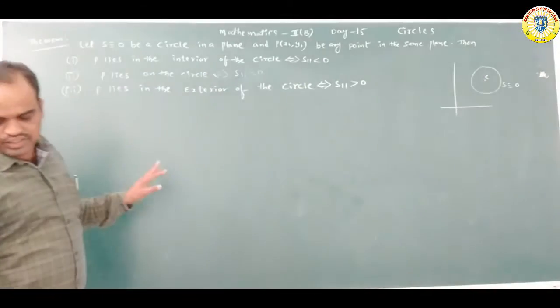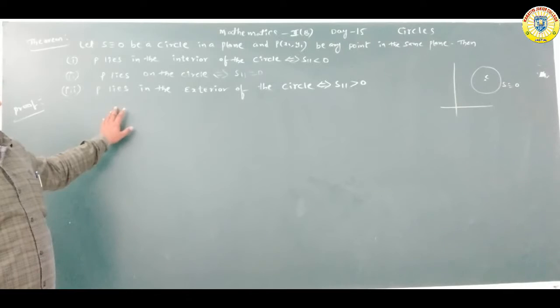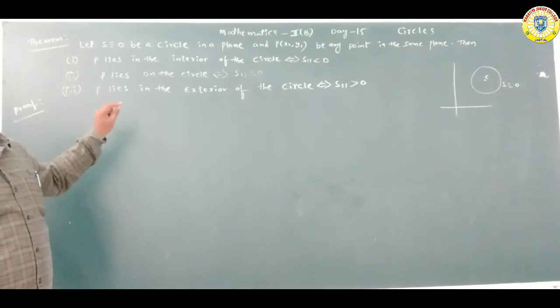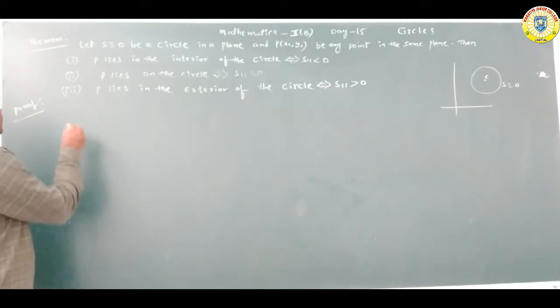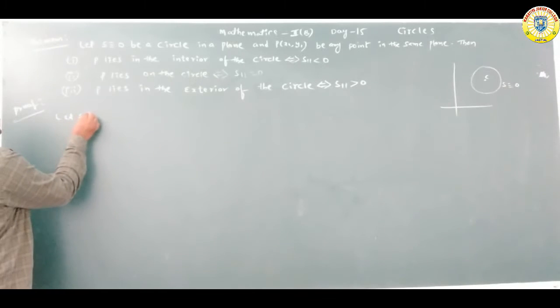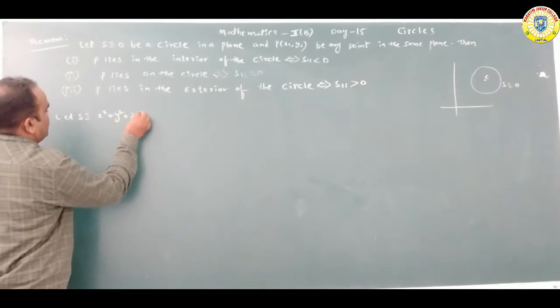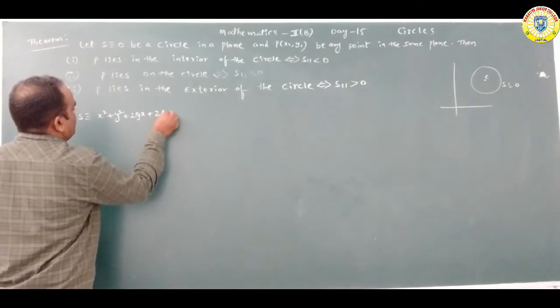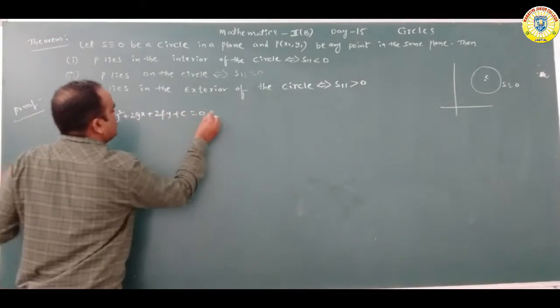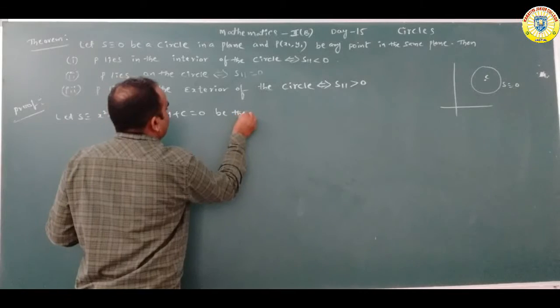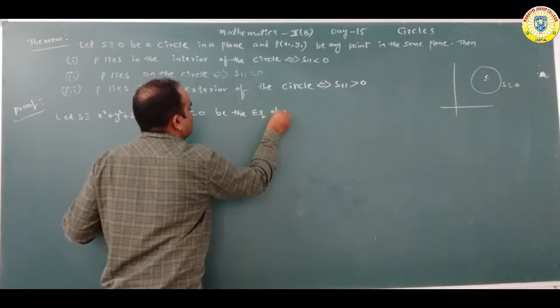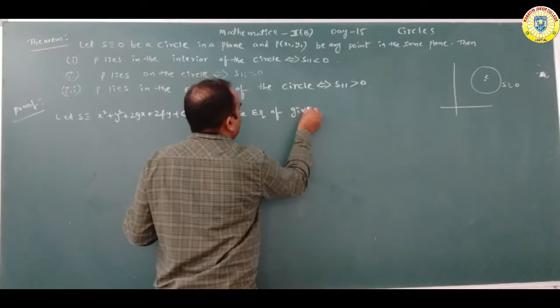Okay now? See, first we are taking, let S is equal to x square plus y square plus 2gx plus 2fy plus c is equal to 0 be the equation of which one, sir? Given circle.